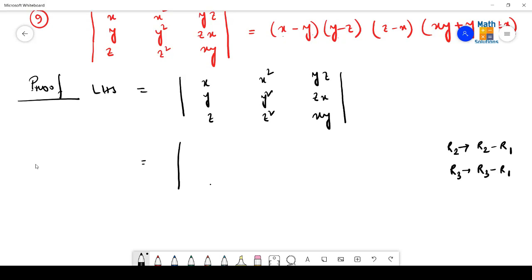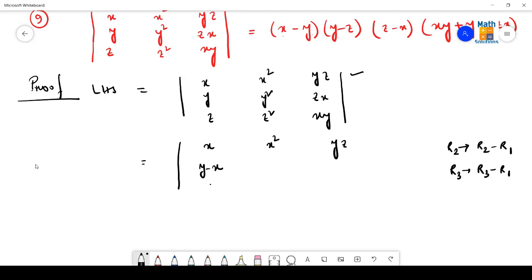So I am choosing the first row with respect to which the changes will occur in R2 and R3, row 2 and row 3. The row which I am considering should be kept as it is in its own position. The rest of the rows will change. So here I get y minus x.